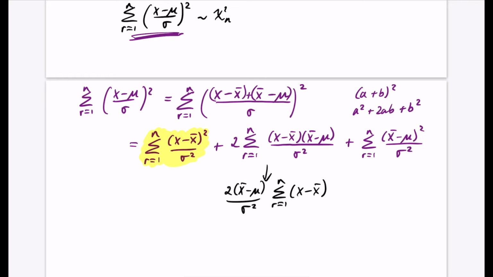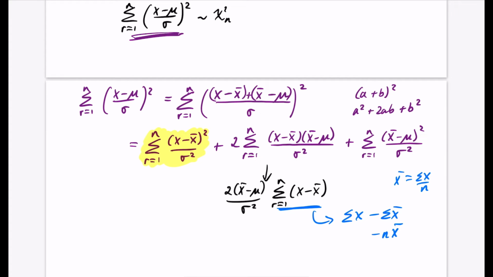Now the sum from r equals 1, the sum of this thing that we've got here, I'm now going to investigate this. So this thing is the sum of x minus the sum of x bar. Well, this is just n lots of this constant, this x bar. So it's going to be minus n x bar. And the sum of x, if you think about where that comes from, we know that x bar is the sum of x over n.